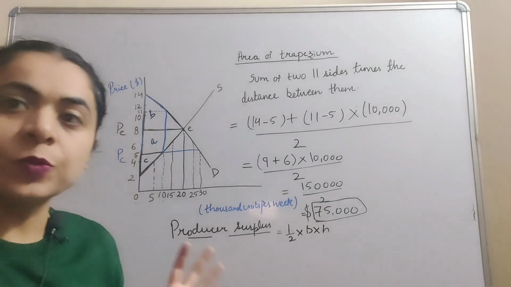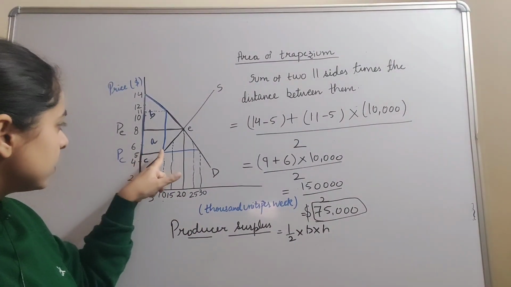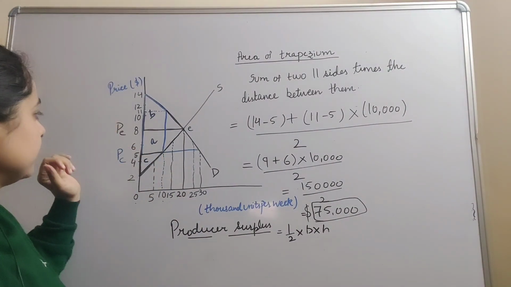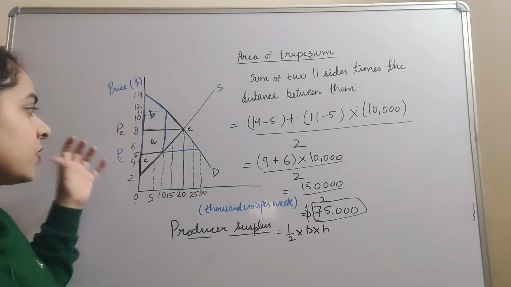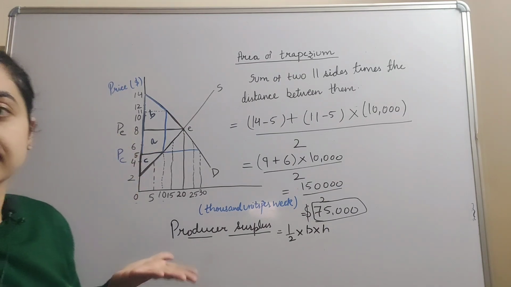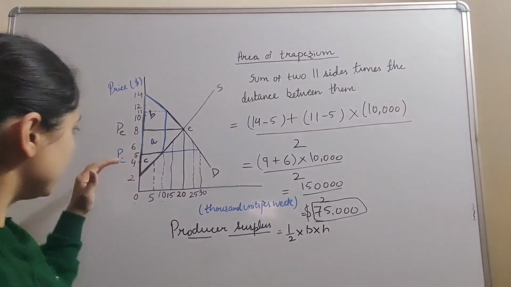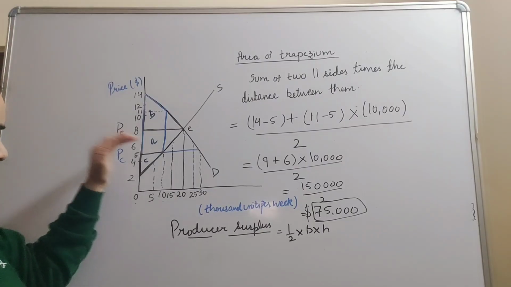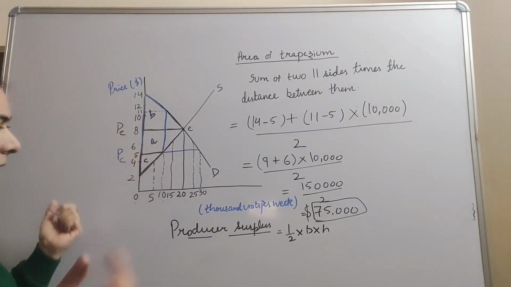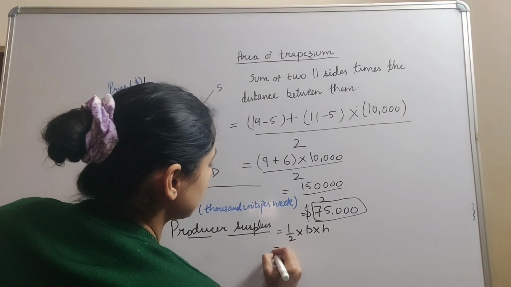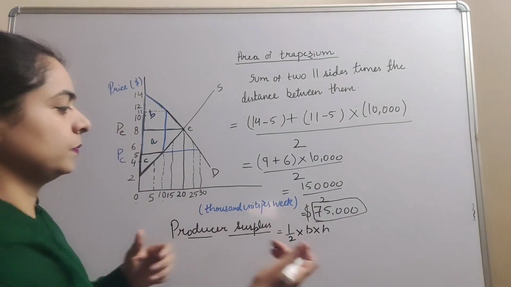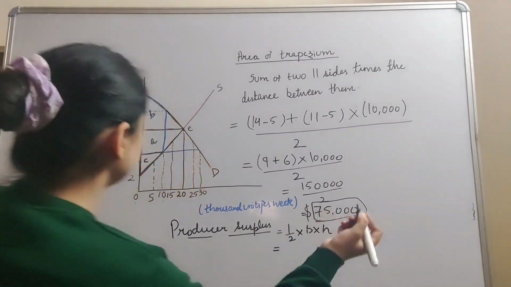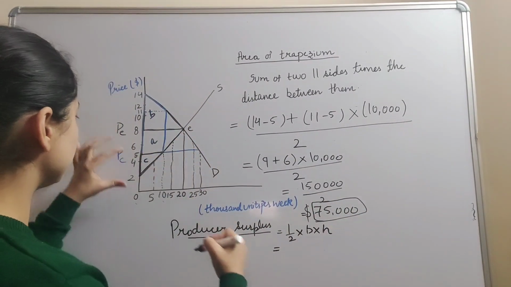Now let's find out producer surplus. The producer surplus, as we can see here, is represented by a smaller triangle. That means there is a fall in producer surplus as a result of the imposition of price ceiling. So we can use the same formula here, the area of a triangle, to find the value of producer surplus.